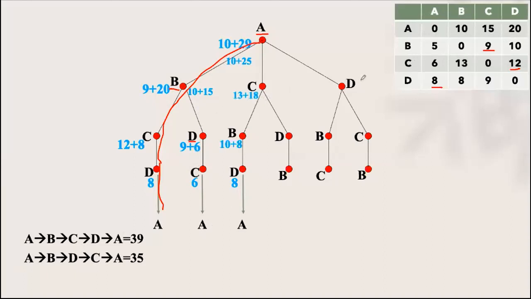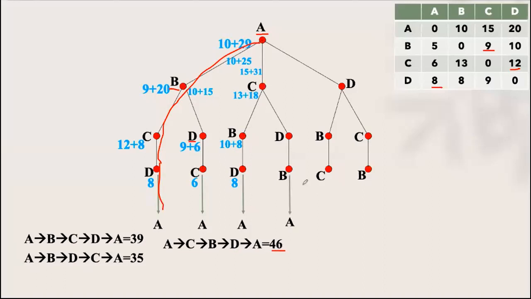Next, A to C. A to C is 15. 15 plus 31. So this path cost is 15 plus 31, which is 46. Okay, A to C, B, D, A. Cost is 46.